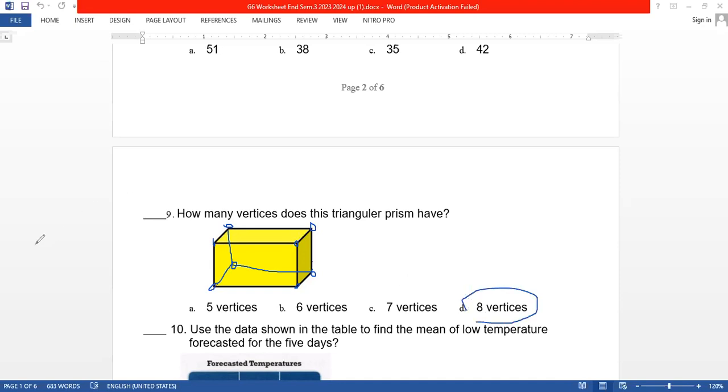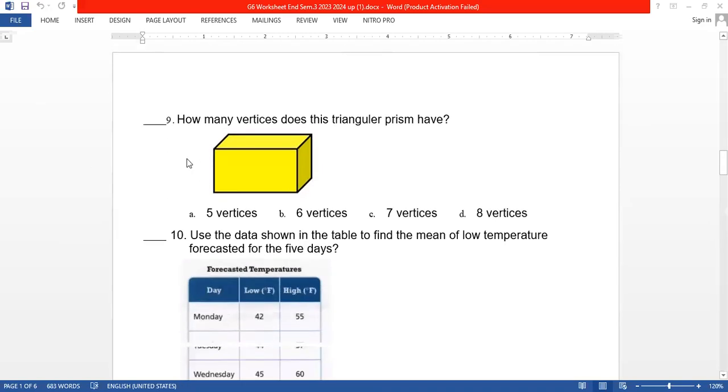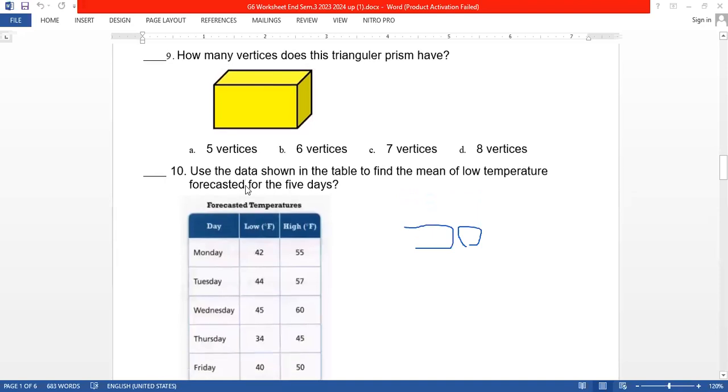Now, next question, number 10. Use the data shown in the table to find the mean. We need to be very strong in calculation. Only the low temperature forecast of 5 days.